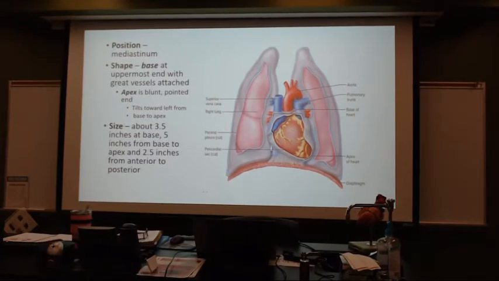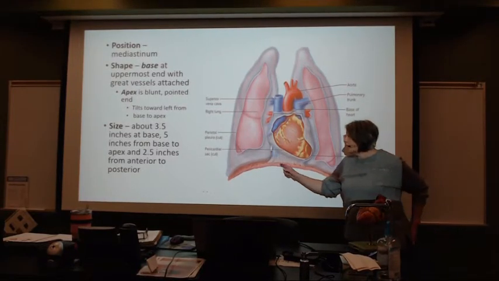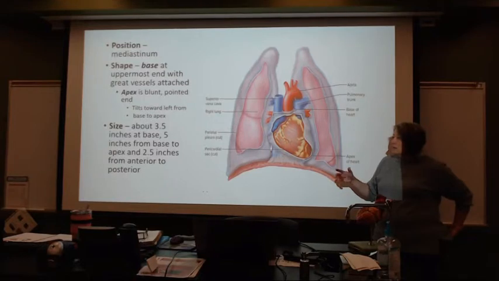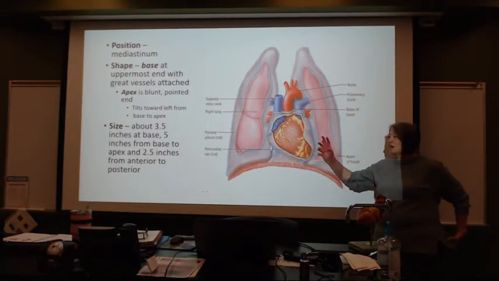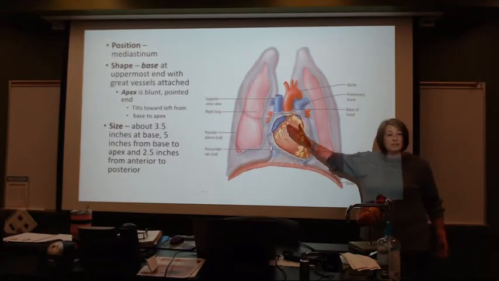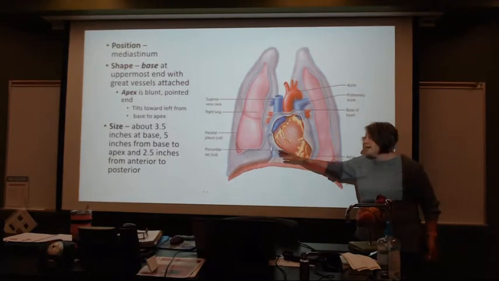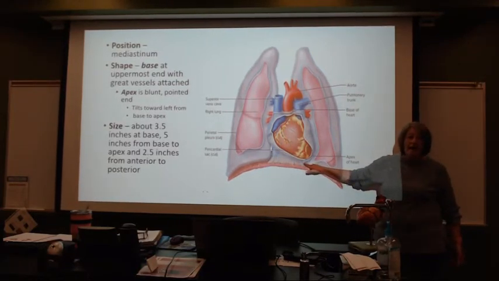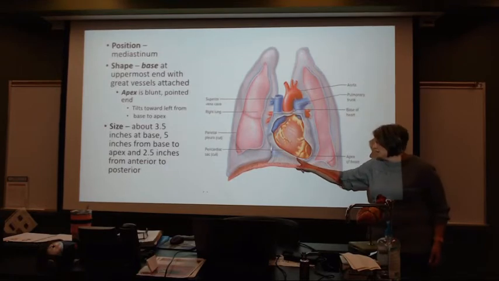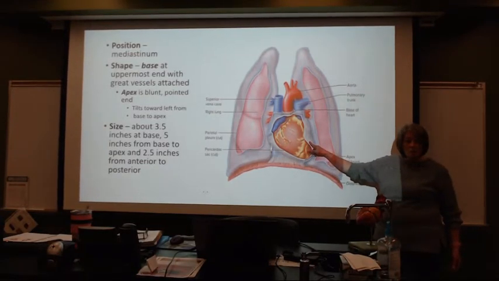we're going to see protection of the heart. We're going to find that it has very nice layers of tissue around it. They create this pericardial sac, which they're showing a cutaway for.